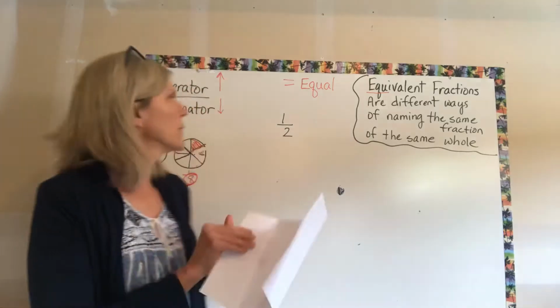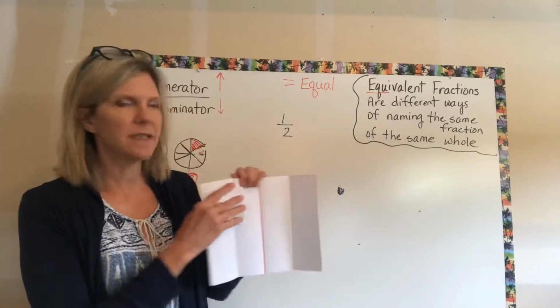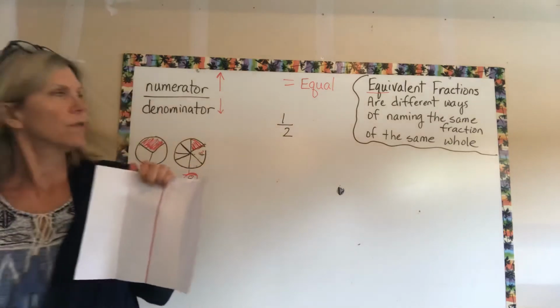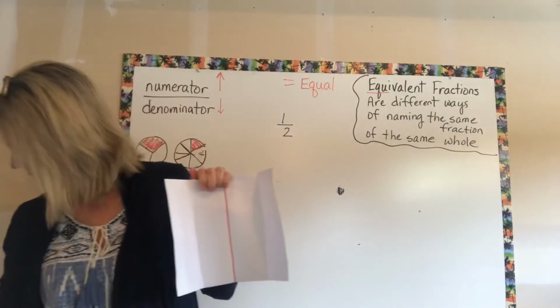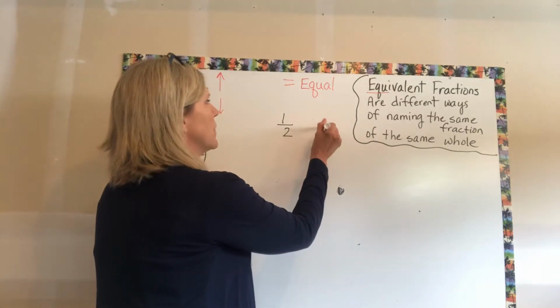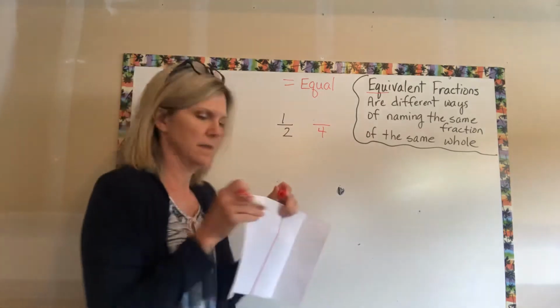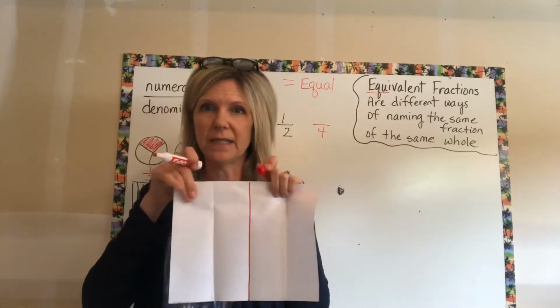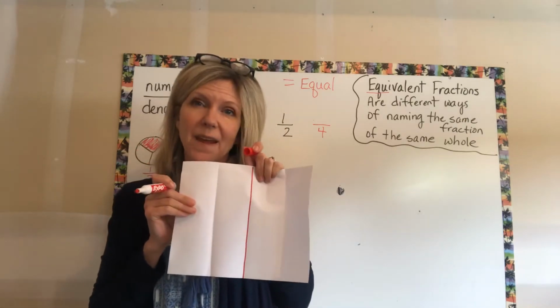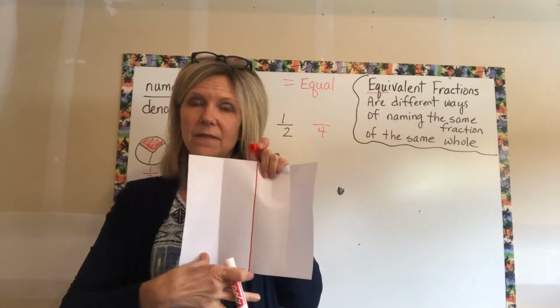Now, remember, I said we're just going to look at this half, right? But now we've divided it into 4 pieces. Let's do it in a red. How many of those pieces are the same as 1/2?